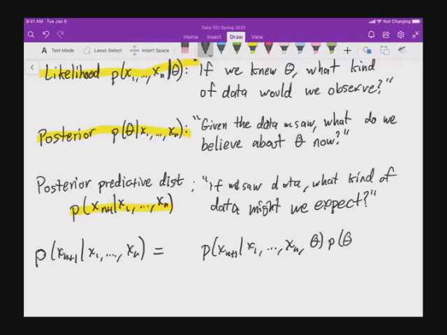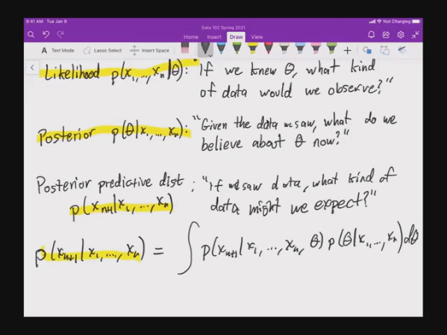We're working here in the world where we've conditioned on x_1 through x_n. So this quantity that we're interested in is conditioned on x_1 through x_n, and when we introduce the distribution of theta, we also need it to be conditioned on x_1 through x_n. And now we just integrate out theta.